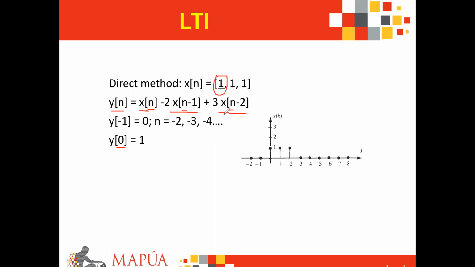As you see, this would result in x at 0, minus twice, oh sorry, that should be x first. X at 0 minus 1, plus 3 times x at 0 minus 2, -2.